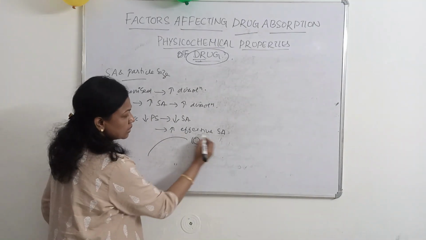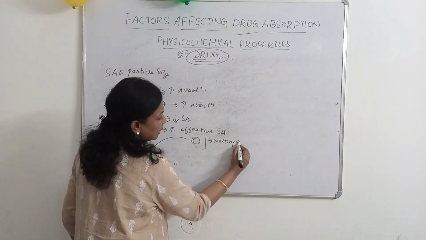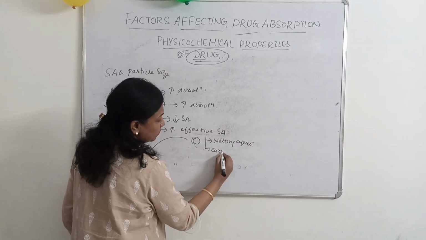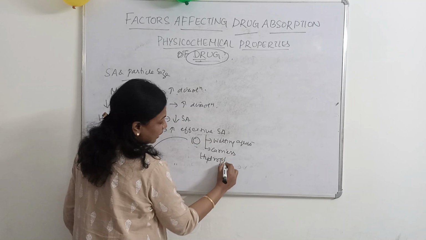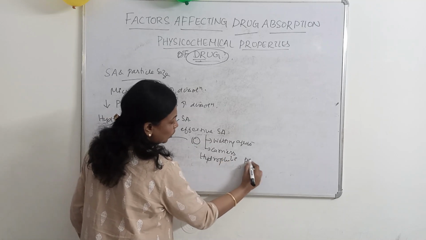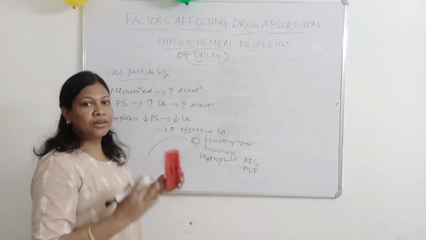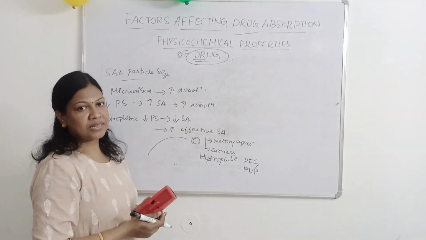So how to enhance this effective surface area? By addition of some wetting agents like surfactants, or you can go for some carriers, mainly hydrophilic carriers like PEG, polyethylene glycol, PVP. These all can be added to increase the effective surface area.